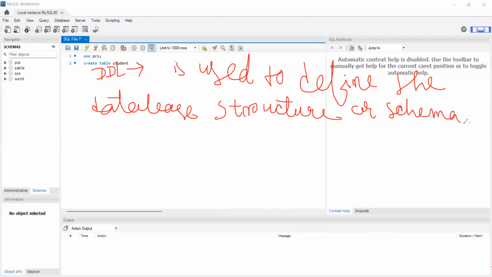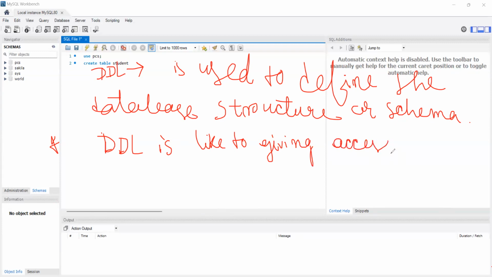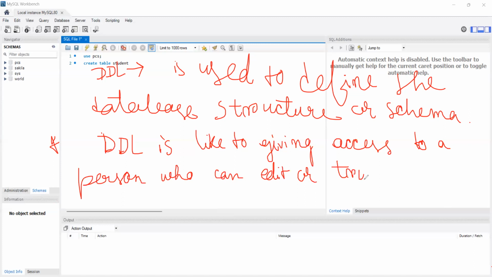DDL is like giving access to a person who can edit or truncate a particular table.